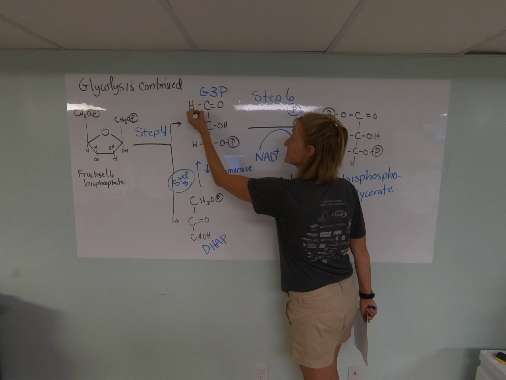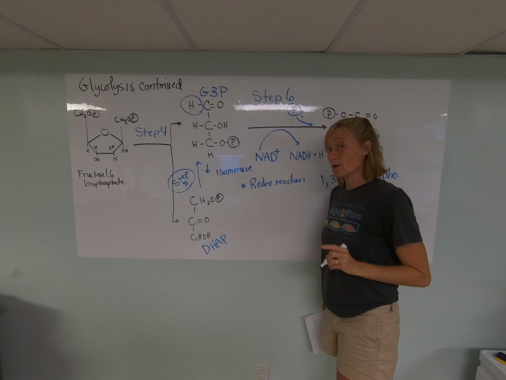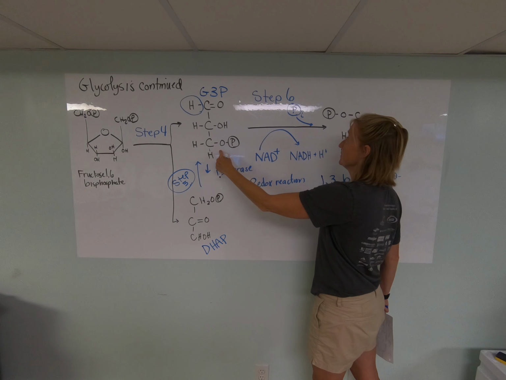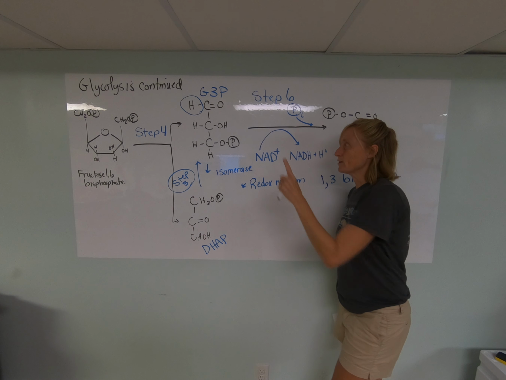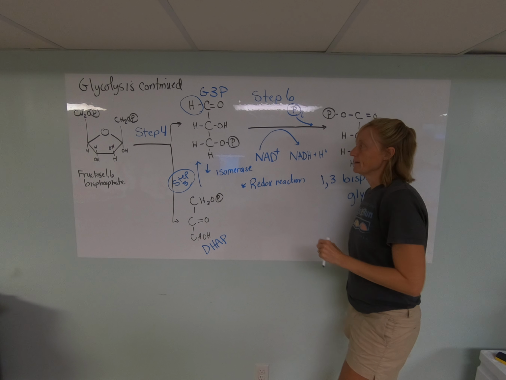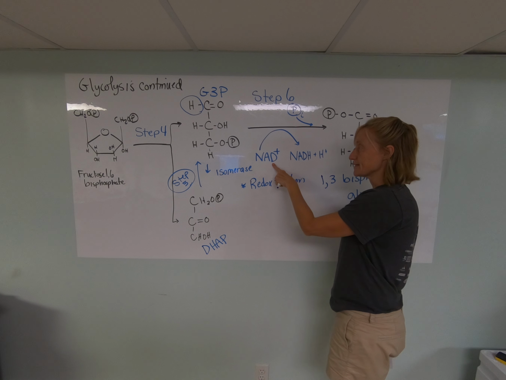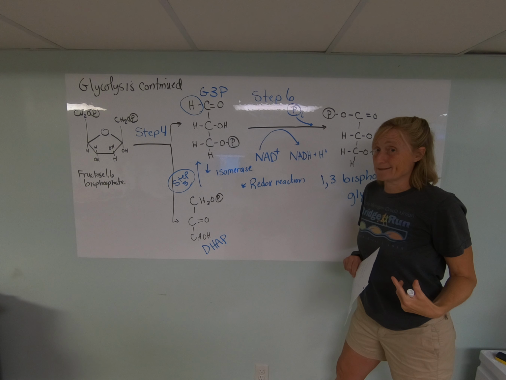When this hydrogen, actually a proton and 2 electrons, is removed from this molecule, it is oxidized. It loses electrons associated with that hydrogen. And NAD+ is the reactant that picks up or gains those electrons.